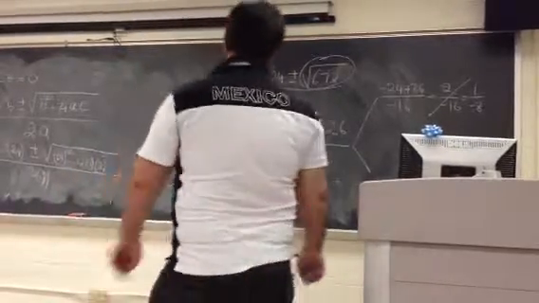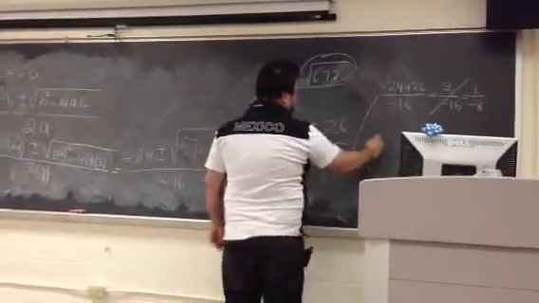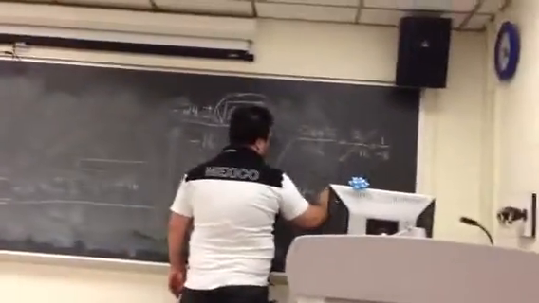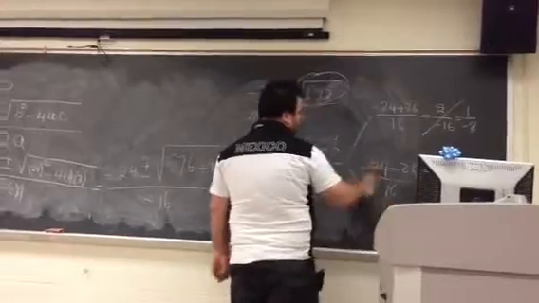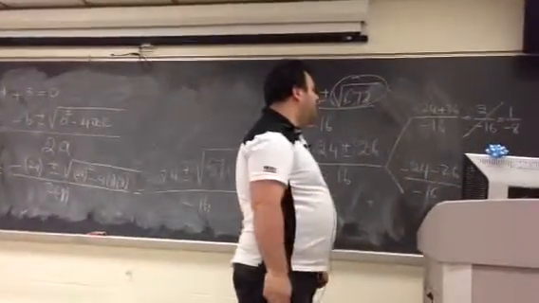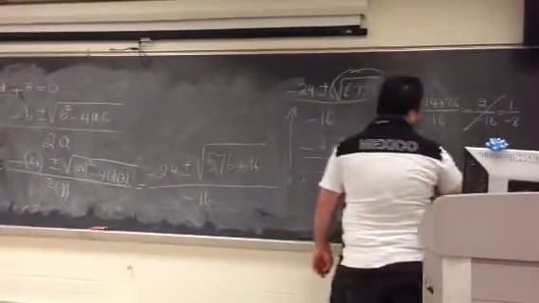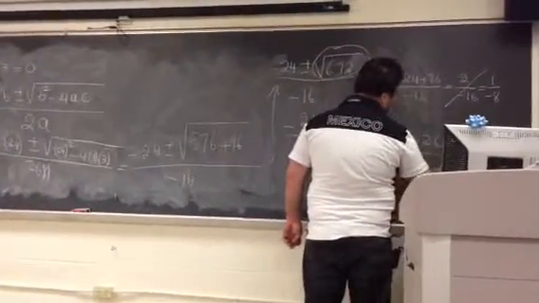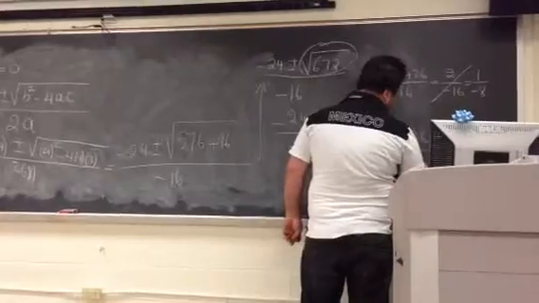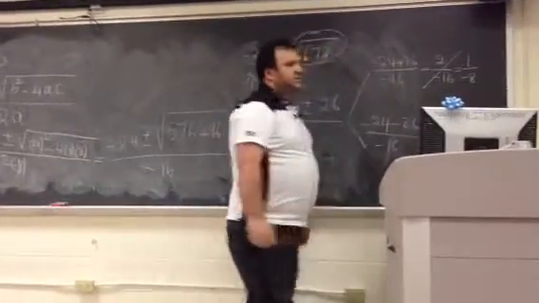And the other answer is going to be negative 24 minus 26 divided by negative 16, which means negative 50 divided by negative 16, which means 50 divided by 16.